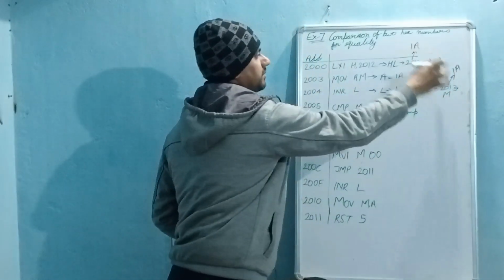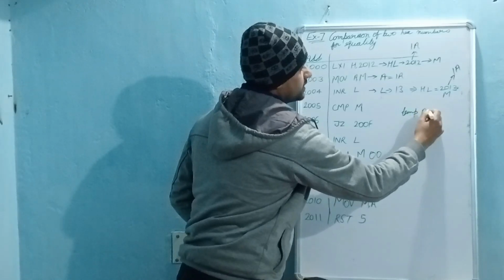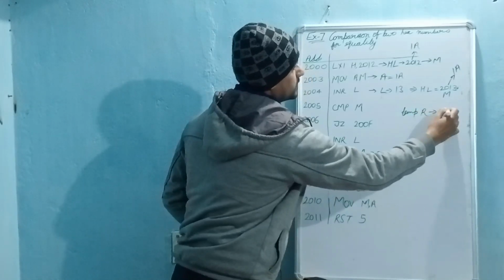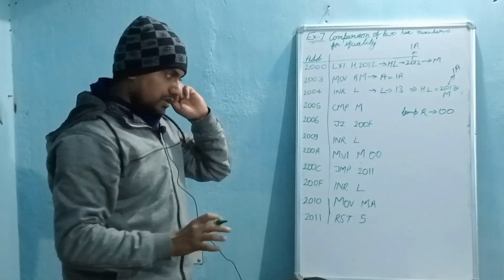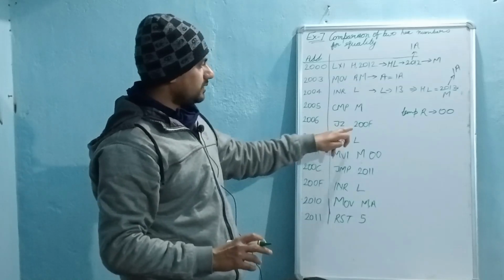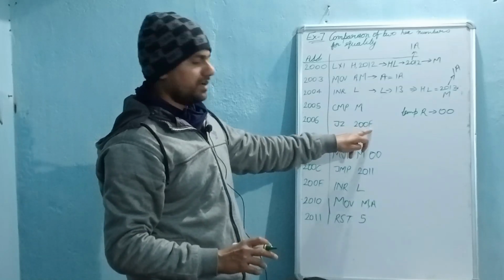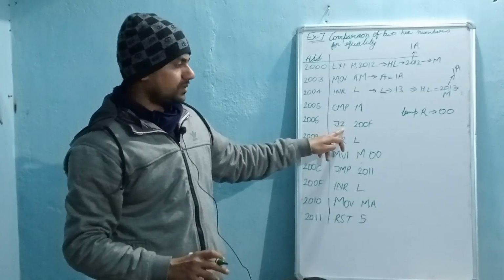If both are the same, here 1A and here also 1A, then in the temporary register we will get 0, because the difference is 0. Then the next instruction given is JZ 200F. JZ means jump if zero.